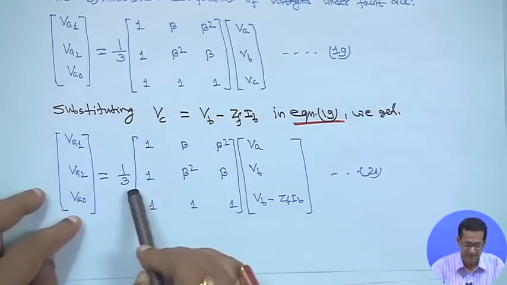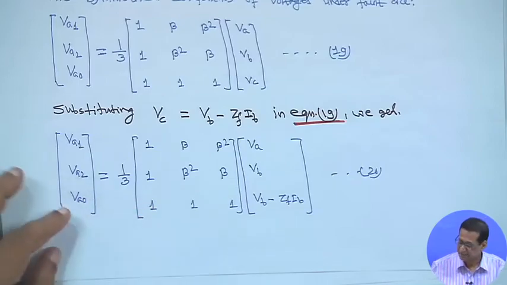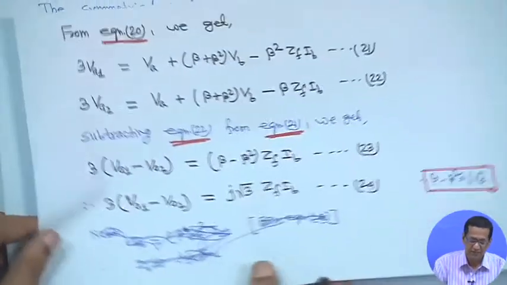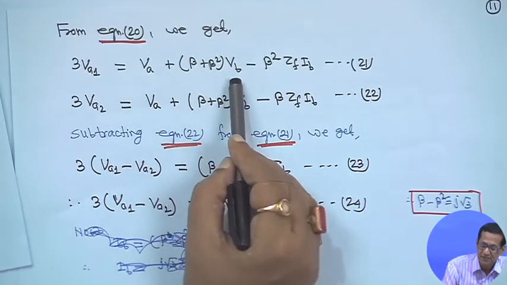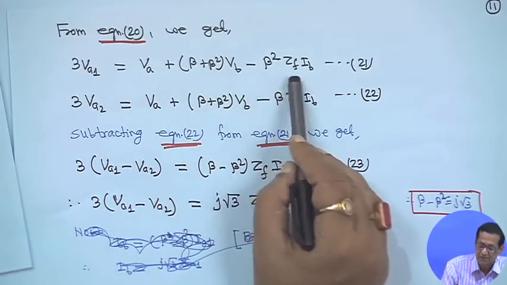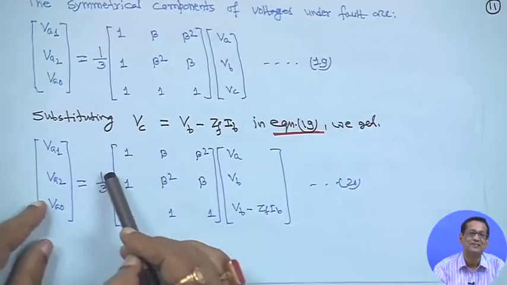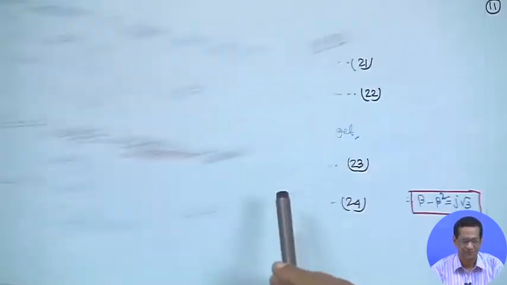If you simplify, you will get 3 VA1 is equal to VA plus beta square VB minus beta square ZF into IB. Just write this one line, it is very simple.